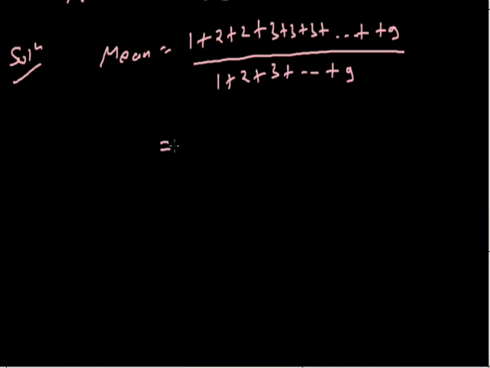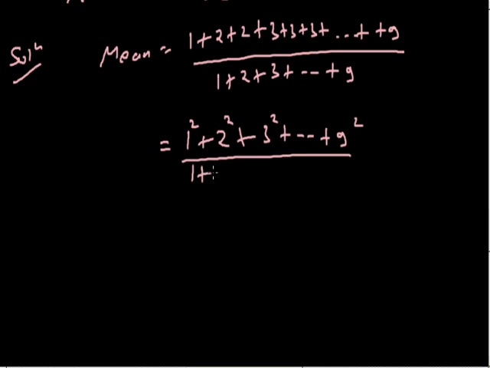So we can say that it is 1 square. 2 plus 2, that is 4, we can say it is 2 square. 3, 6, 9, we can say 3 square. In the same way, it is 9 square, upon 1 plus 2 plus 3 up to 9 terms.